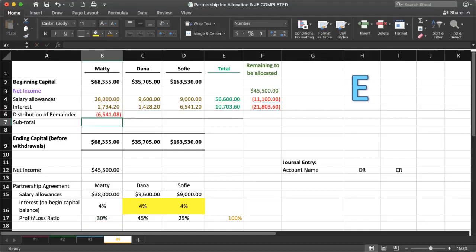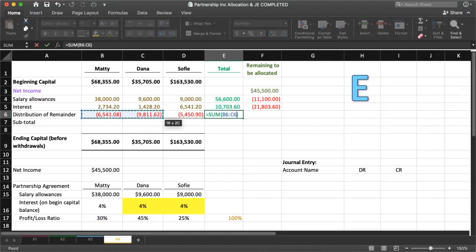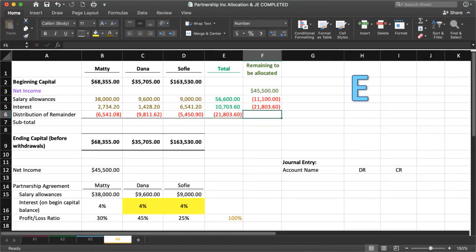And so of this 21,000, Mattie is going to absorb 6,541. And I'm going to make my life easy, so I'm just going to drag and drop all the way across. All right. The sum total that is allocated for the distribution of the remainder is $21,803.60. And this minus this still needs to be 0.